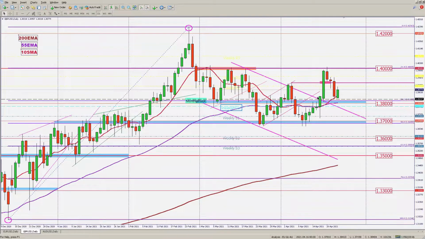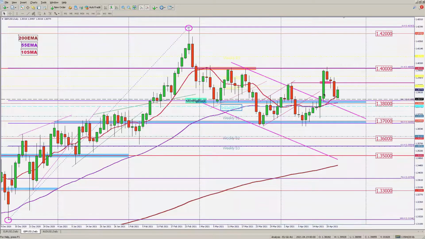Likewise, on Monday it continued higher, following the previous Friday's breakout above this bearish channel, and from the monthly pivot as well.